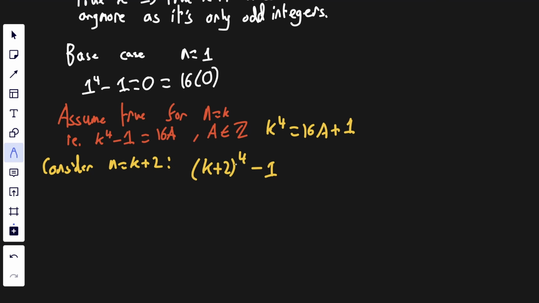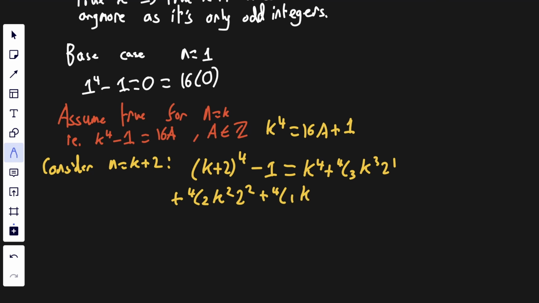And now when I do binomial expansion, I'm going to be able to combine these, bring in the a. So we get k to the 4 plus 4 choose 3, k cubed 2 to the 1, plus 4 choose 2, k squared 2 squared, plus 4 choose 1, k 2 cubed. Finally, plus 2 to the power of 4, and we can't forget about our minus 1.